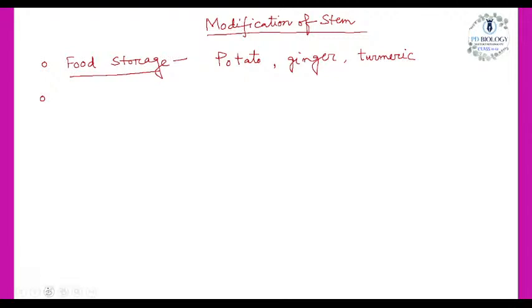Next one, the stem tendril. A slender and spirally coiled structure originating from axillary buds.